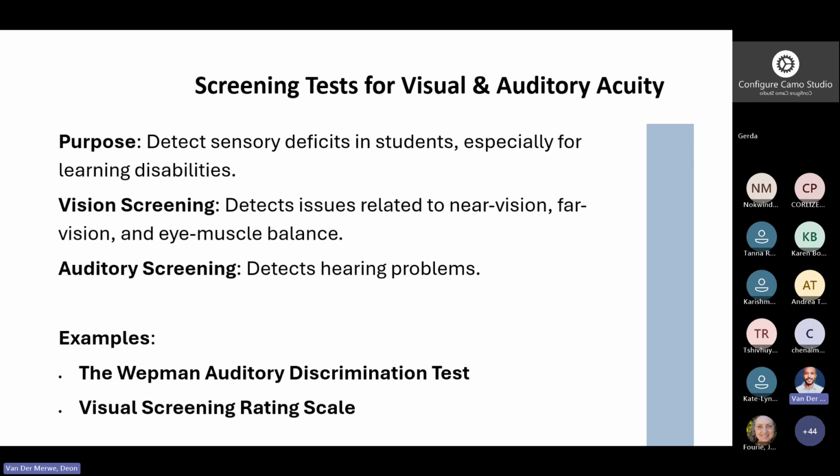And if you were part of Dr. Foury's session earlier today, you will understand the importance of vision and how it plays a huge part in the development of reading skills. And so vision and hearing is something that is many times overlooked, but is very important.